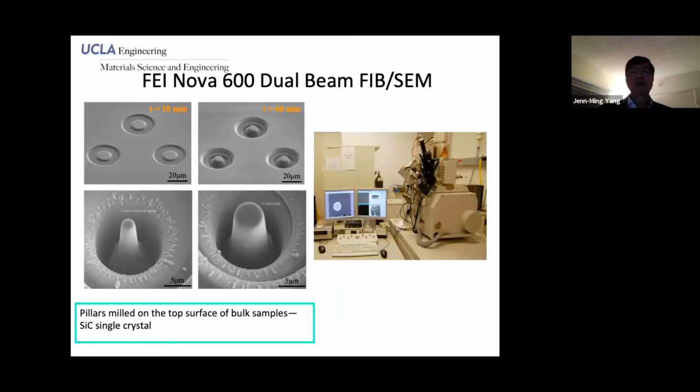In terms of sample preparation, we use an FEI Nova 600 dual beam FIB system to mill the pillars. As you can see, these materials are very hard, so it's not very easy to prepare these fine diameter pillars. Even after 40 minutes of FIB milling, you can just barely reveal some shape of the pillars.